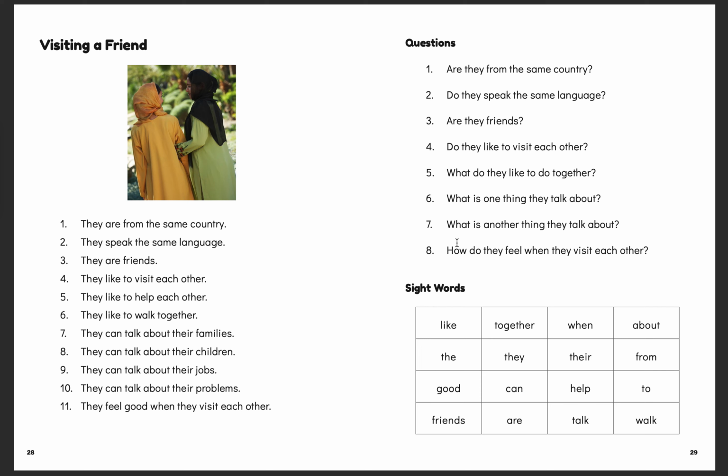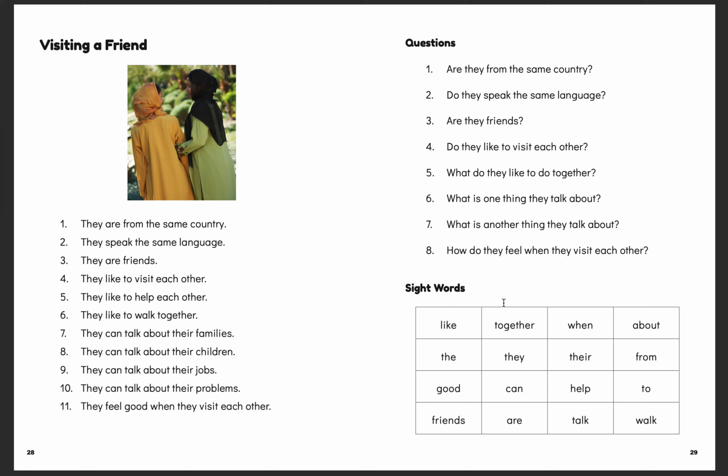And then when you complete all the questions, the author has you read the sight words together. And of course, sight words are high frequency words, very commonly used in English.